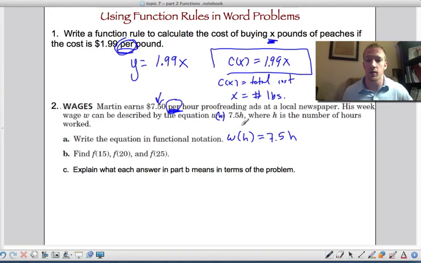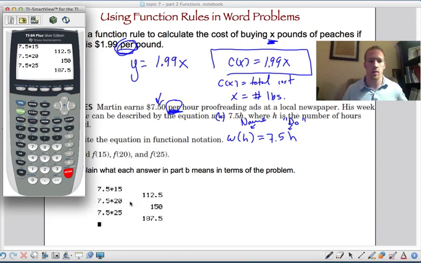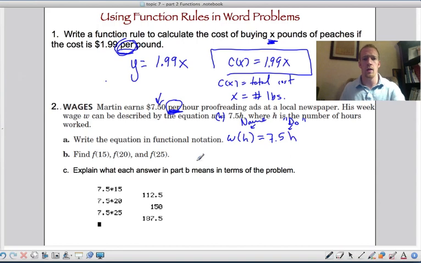All right, so this is just, remember, the name, and this is what we do. Find f of 15, f of 20, f of 25. So what we do is we just use a calculator. 7.5 times 15, 7.5 times 20, and 7.5 times 25. All right, so then there we go. Those are our values. So we found each of those.